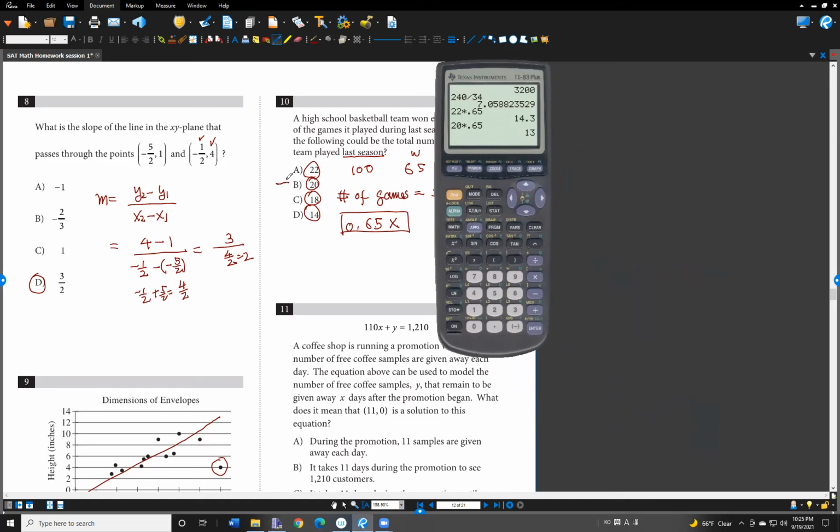Yes. The other one, 18 times 0.65, is not an integer. 14 times 0.65 is not an integer. So 20 games gives us an integer number, 0.65 times total games. They won 13 games.